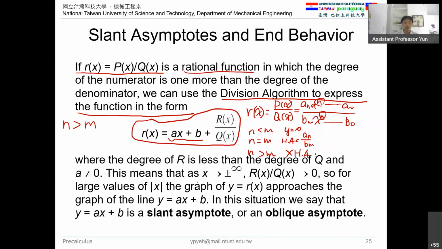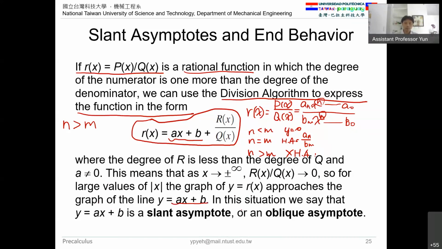This means that as the x approaches positive or negative infinity, the R of x divided by Q of x will approach 0 here. So for larger values of x, the graph of y equal to the function will approach the graph of the line y equal to ax plus b here.